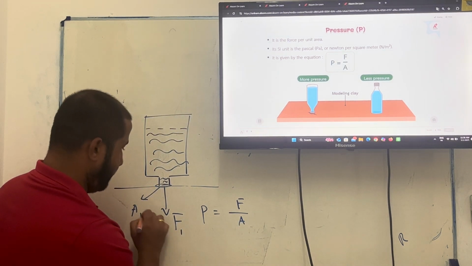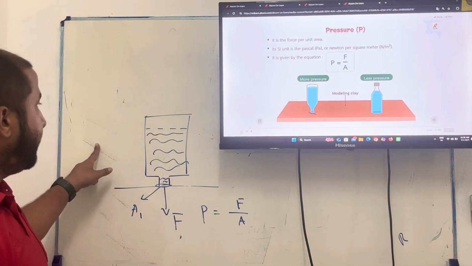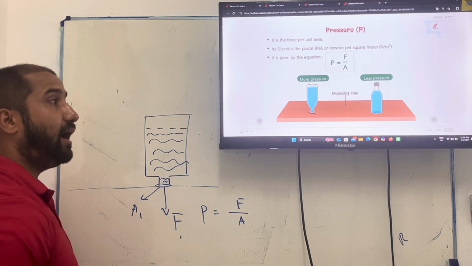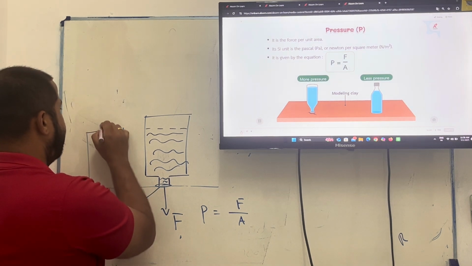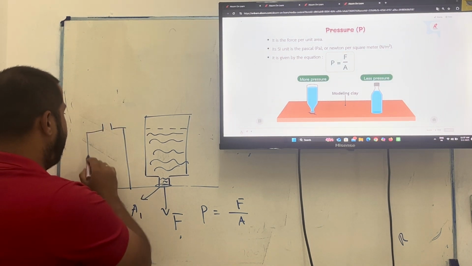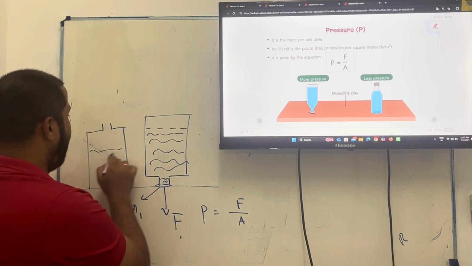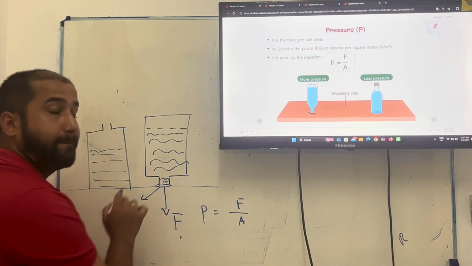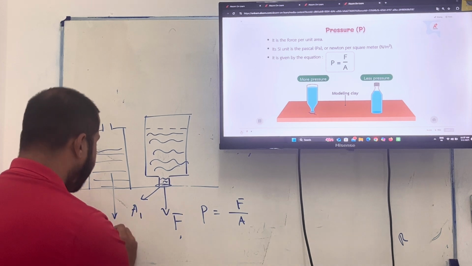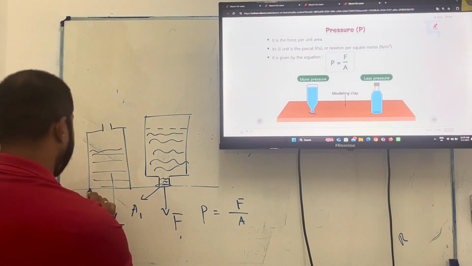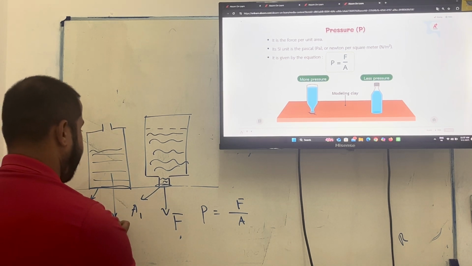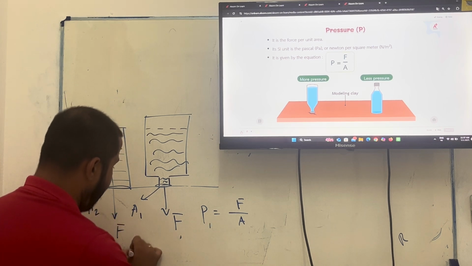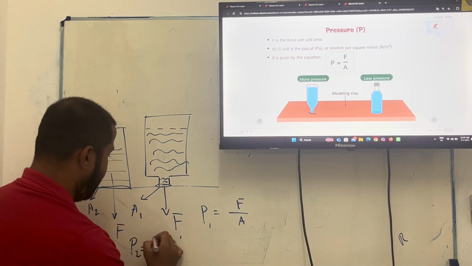Remember, in the other case, the bottle is in a normal stance. So it is like this. The liquid in both cases is the same, so the weight of the bottle is the same. But in this case, the area that is connected with the clay is different. So therefore, we will have different amounts of pressure.